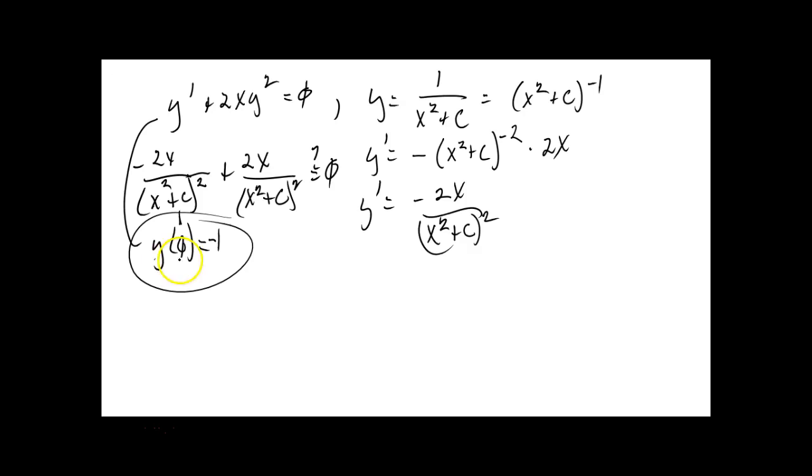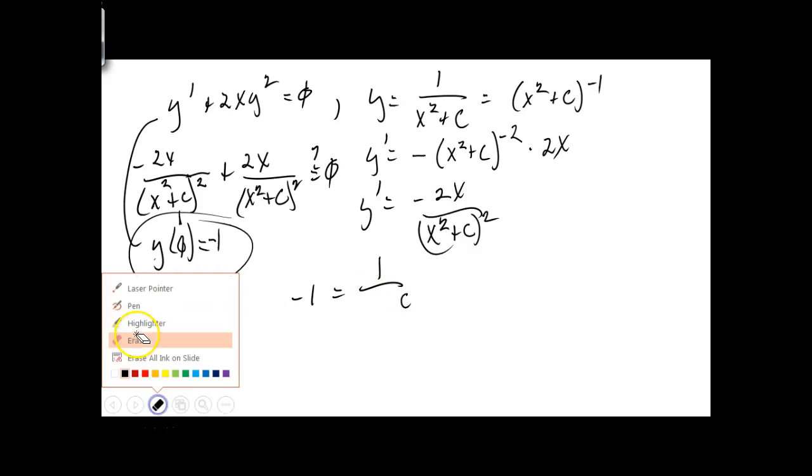Yeah. So y is negative 1 here. So you go up here and say minus 1 is equal to 1 over x squared plus c, right? Oh, but x was 0, so that's just c. Okay, sorry about that. That's 1 over c.